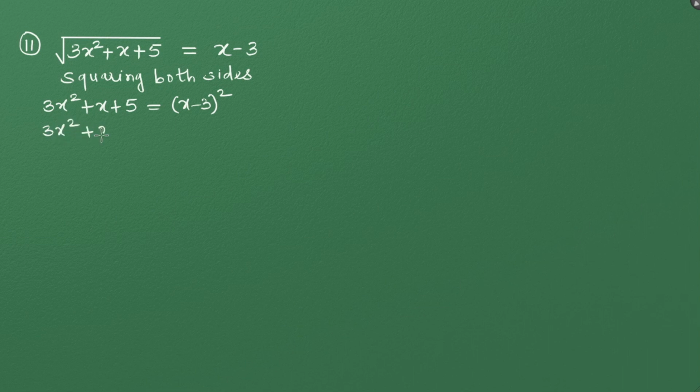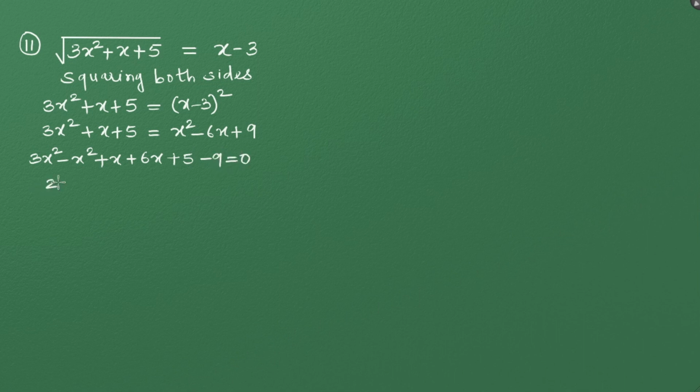Simplify this. x minus 3 the whole square will give x square minus 6x plus 9. Now collect the like terms together. We get 2x square plus 7x minus 4 equals 0.